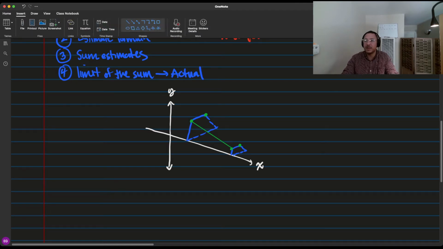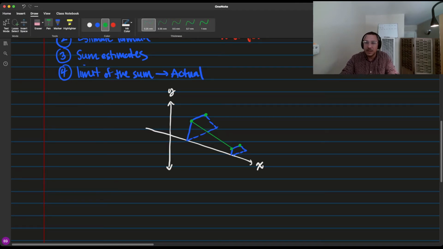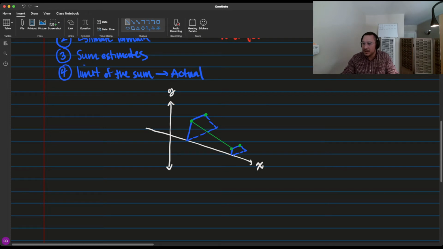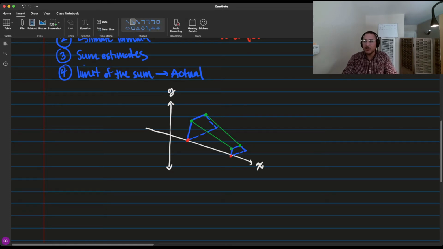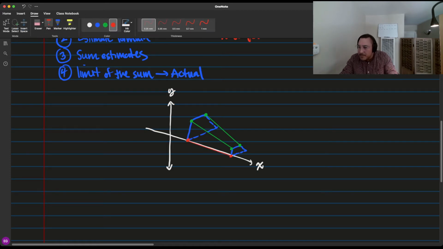Okay, this is much better when I actually use the insert line. Okay, this point will get connected to this point. This point will get connected to that point.